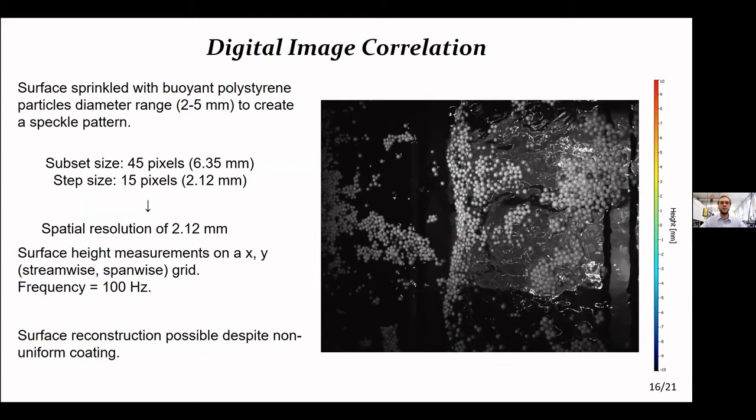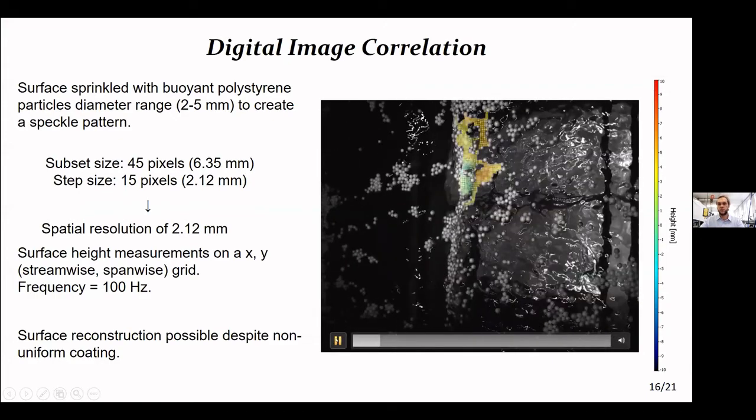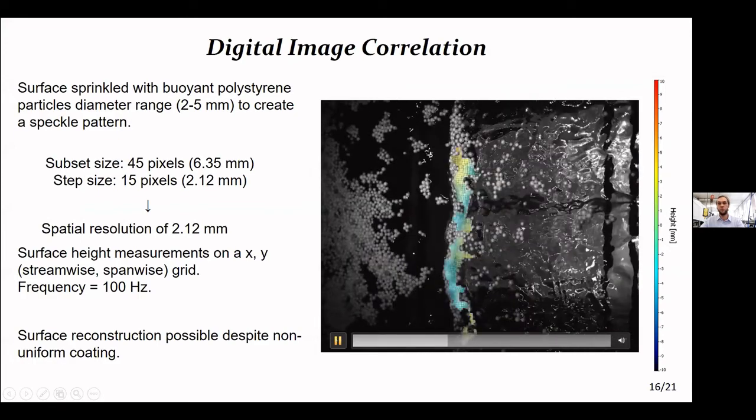In this case, the subset size was 55 pixels and the step 15 pixels, meaning that the spatial resolution of this measurement was 2.12 millimeters. You can see the reconstruction was possible despite the non-uniform coating.